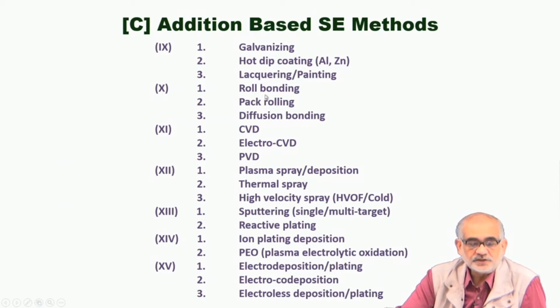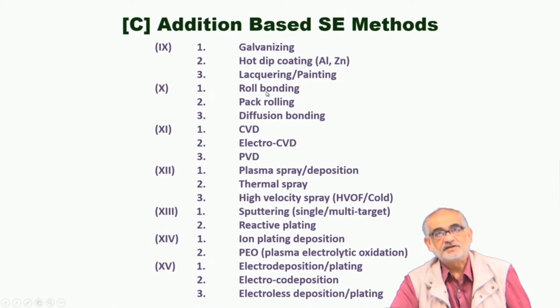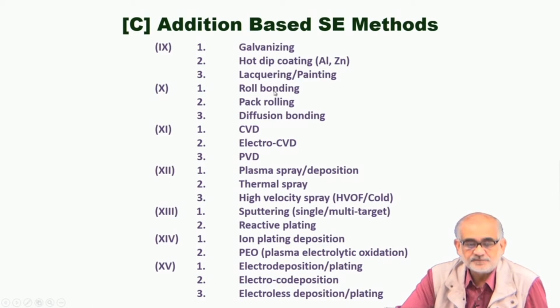You can do it in the solid state, you can have roll bonding, you can have pack rolling, you can have diffusion bonding. In roll bonding you allow two separate layers to be rolled together, mostly in the cold rolling condition, and the two thin sheets can diffuse and bond with each other.